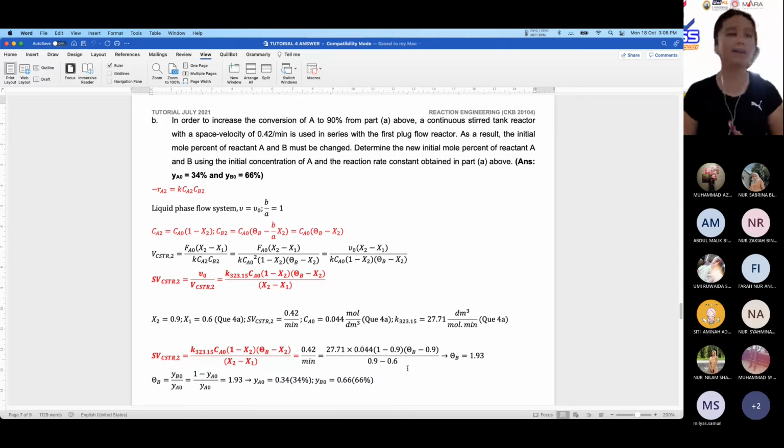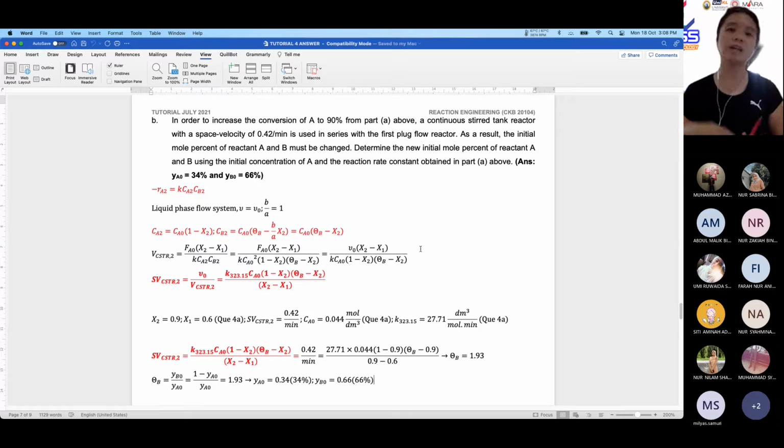Question part B, I admit a bit hard because equation ni memang tak ada dalam note saya. Sebab tu nanti bila kamu ada masa, kamu kena betul-betul venture tengok apa yang berlaku kepada equation kalau dia adalah reaktor bersiri. Bash takkan kenalah. PFR pun takkan. CSTR is PFR dengan bash daripada ni tak ada bersiri lah kan. Bersiri PFR dengan CSTR kan.